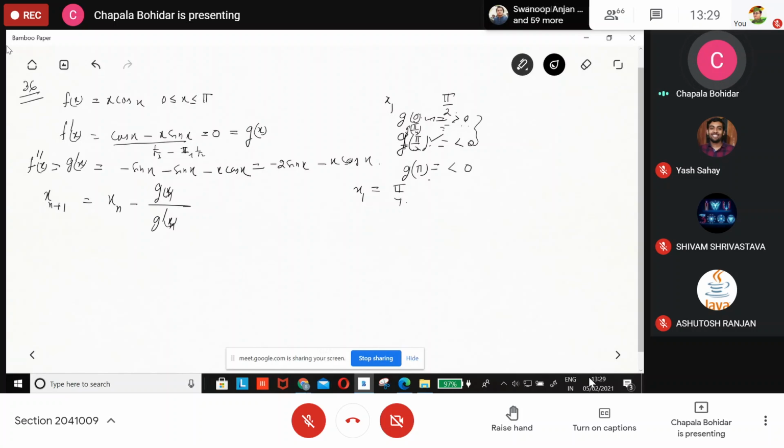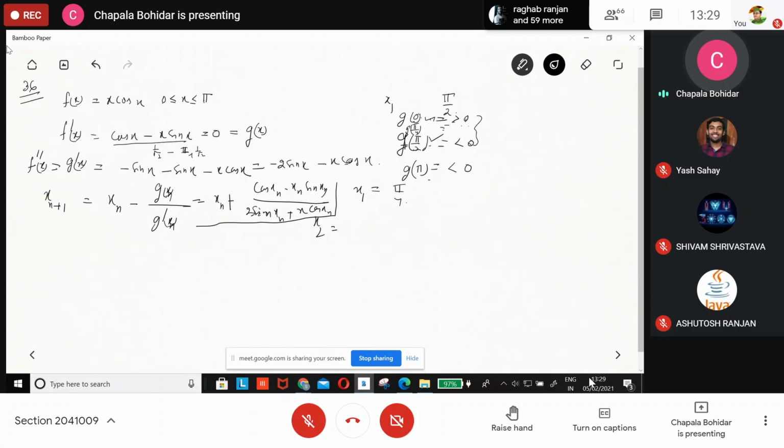x2 is equal to, what do you write down? I've already written it: x n minus cos x n minus x n sin x n divided by, by taking minus common, it is a plus, 2 sin x n plus x n cos x n.